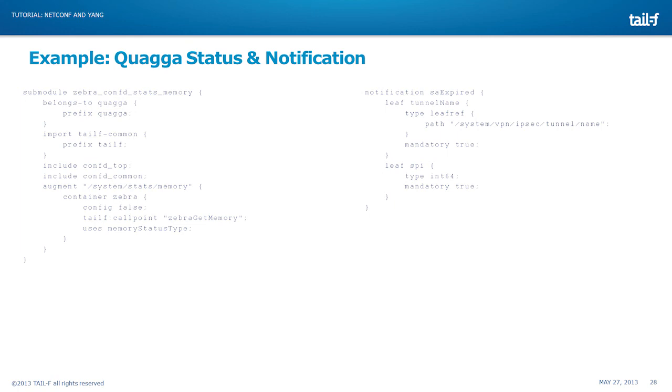So here we see this import of tailf common, which you'll do in most of your data models when working with ConfD. And if you look down almost to the bottom, you'll see tailf:callpoint. That callpoint statement is an extension statement defined in tailf common that we need to use on this operational data item to give us an identifier which our instrumentation will register for.